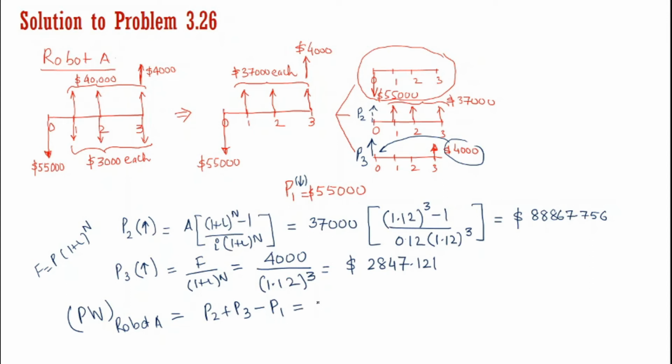If I compute this value, that is 88867.756 plus 2847.121 minus 55,000, this comes out to be $36714.876.